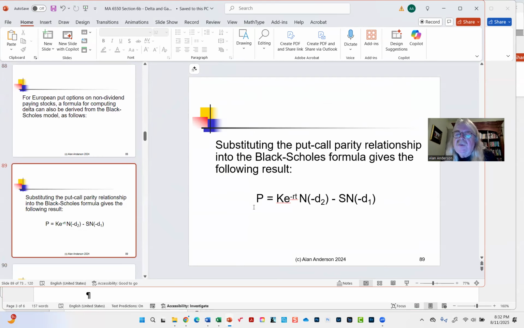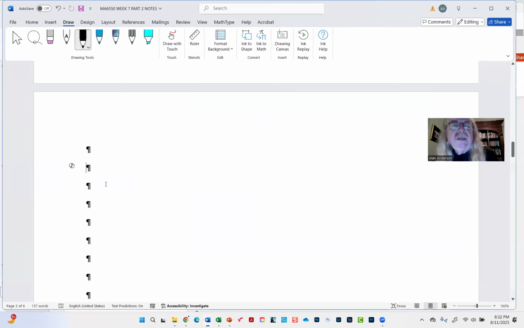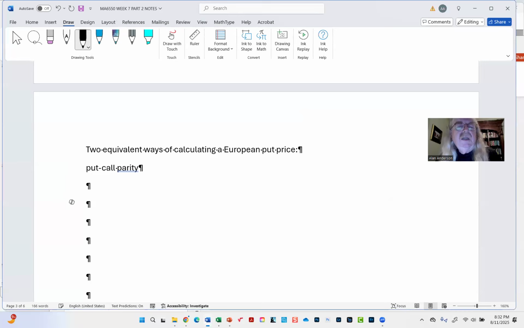Now for the put, remember we did mention that there's two equivalent ways of calculating European put price. One of them is put-call parity.